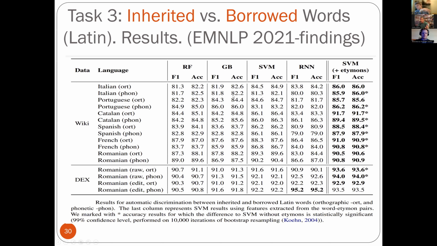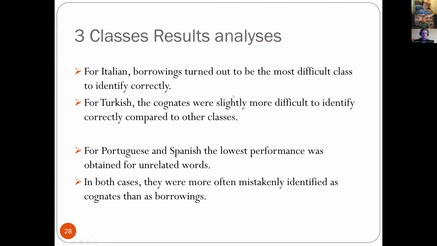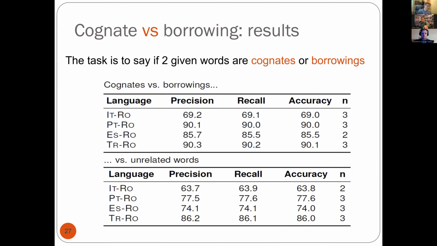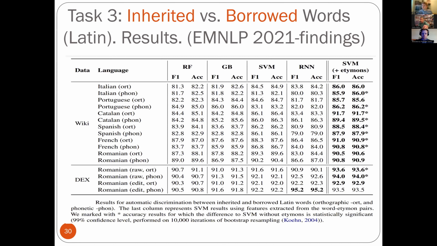It was the distinction between cognates and borrowing, and then the distinction between inherited and borrowed, because between inherited and cognate there are none. I explained it, I think, at the beginning of the presentation. Yes. Okay. You're right. Thank you.